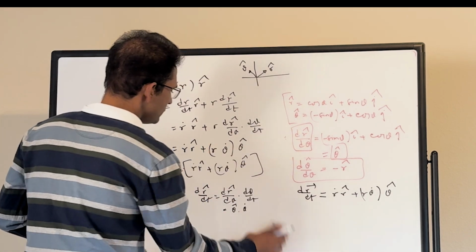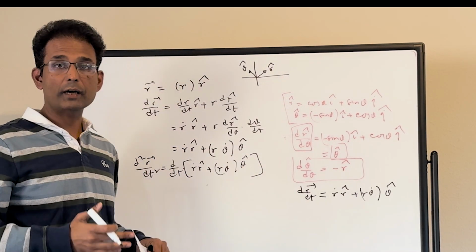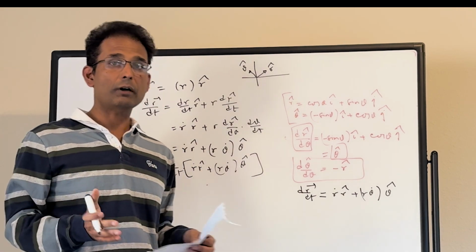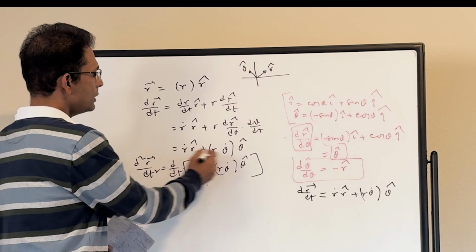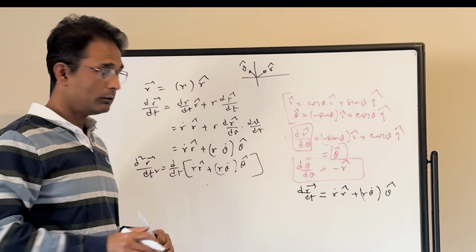If you go through the calculations, which I'm not going to show here, I'll just write down the final results because it's a straightforward calculation. If you have understood how to get this, you should have no problem doing this one.